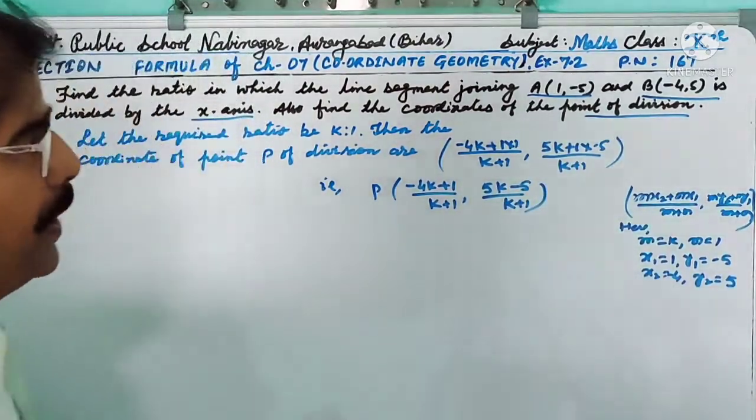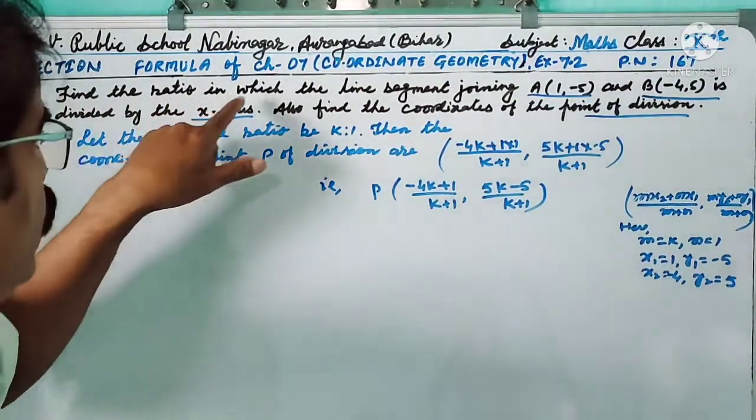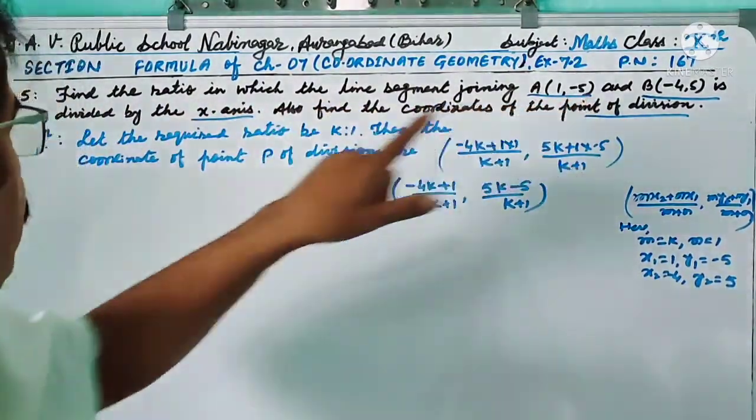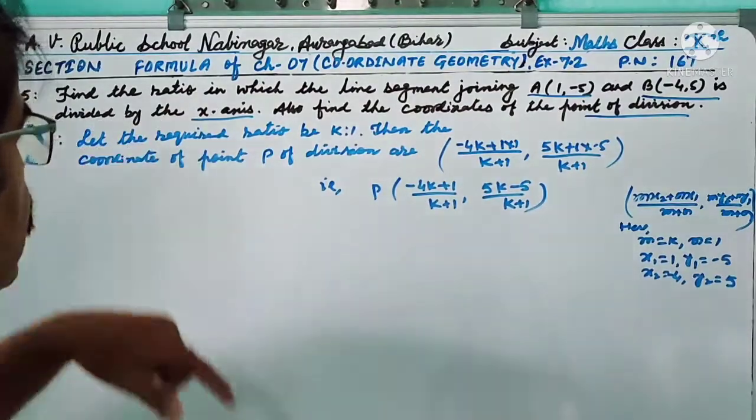But it is given that the line segment joining A and B is divided by the x-axis.